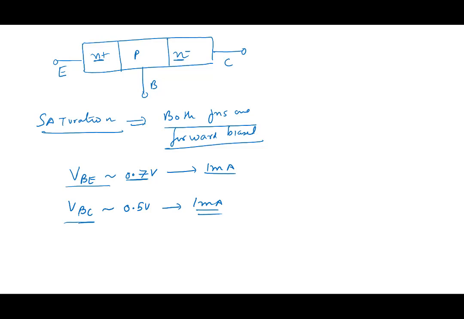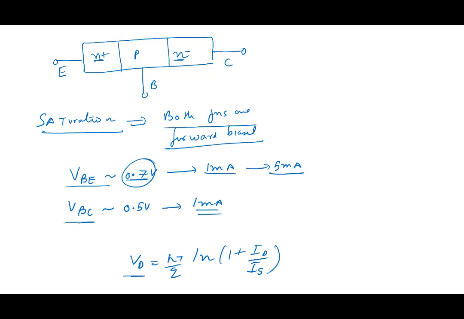And when both junctions are forward bias, as you change the current, if I go from 1 milliampere to, let's say, 5 milliamperes, what will happen to VBE? Not change much, right? Remember diode voltages? Diode voltage V diode was KT by Q ln(1 plus ID by IS), right?